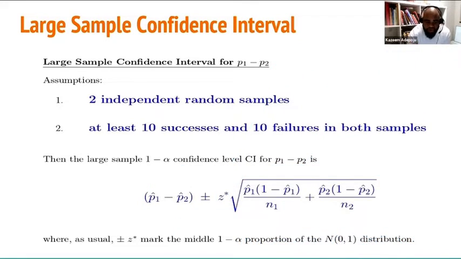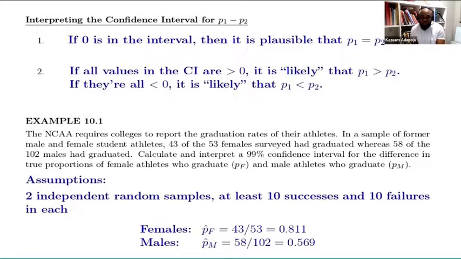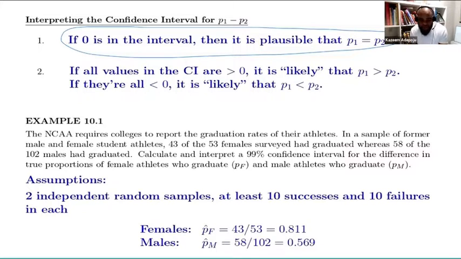Now, how do we interpret our confidence interval? We're going to pay attention to whether the interval contains zero or not. When the interval is from negative to positive, it contains zero. And when it contains zero, it means there is no significant difference. I'm going to say that again.